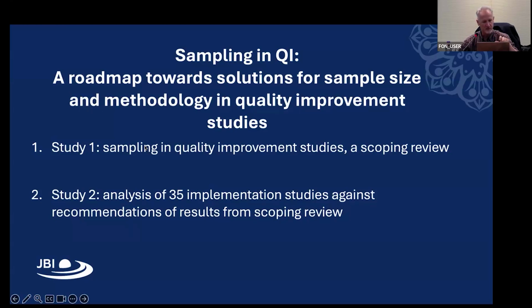And then hopefully there's time to also present the methods and findings of study 2, where we looked at implementation studies and we compared published implementation studies against what we found in our scoping review.